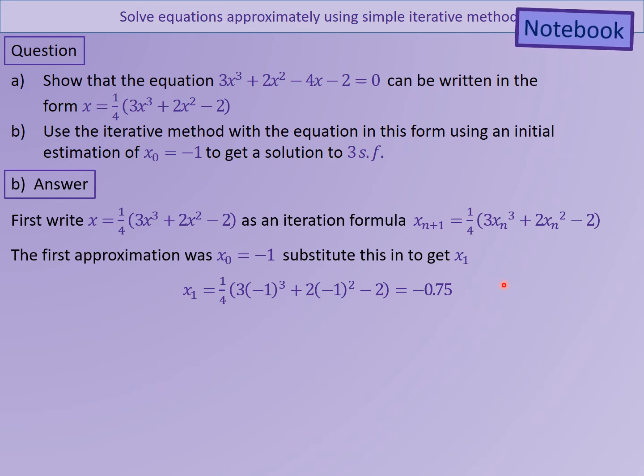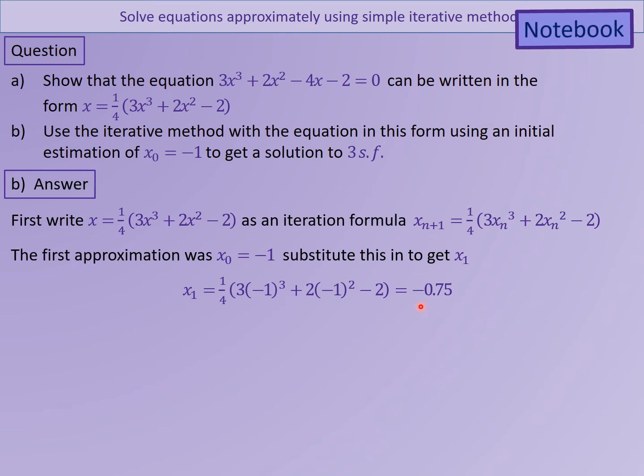Now minus 0.75 is a better approximation of the root. If I put minus 0.75 in here, although it doesn't equal 0, it's closer than minus 1 was. All right, you could try it yourself. Substitute both of those in and you'll see that this is a better approximation. But it's still not good enough.